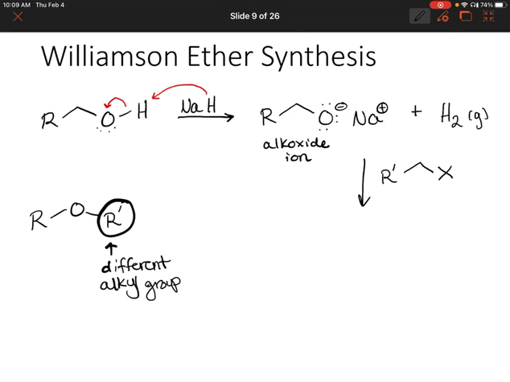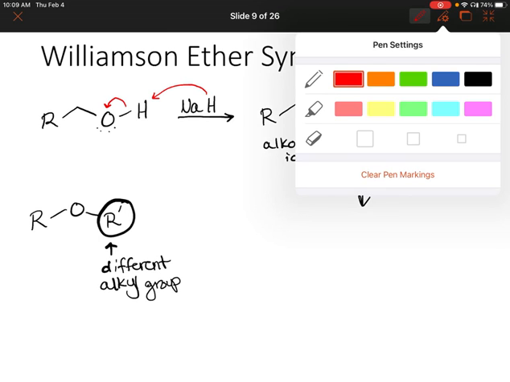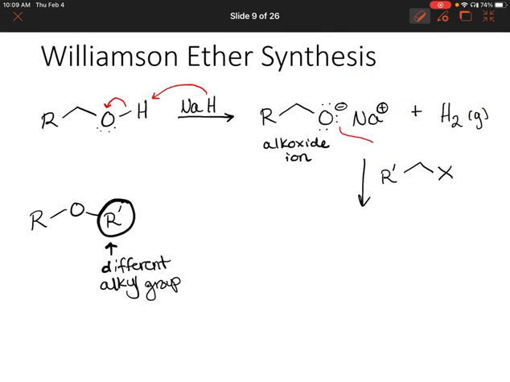All right, so the alkoxide ion is next going to attack that. Oh, whoops, I drew the arrow in the wrong place. I apologize. That's going to attack the carbon next to the halogen, and the halogen is going to leave.